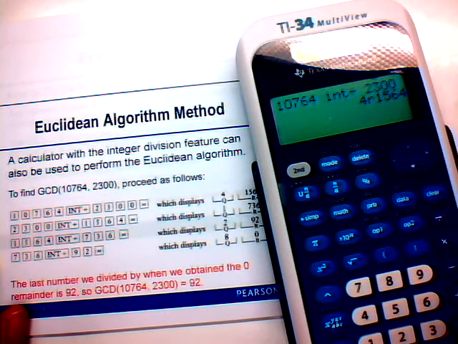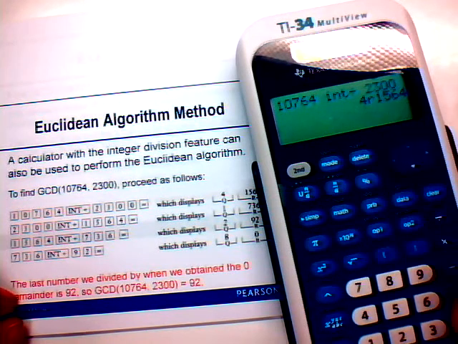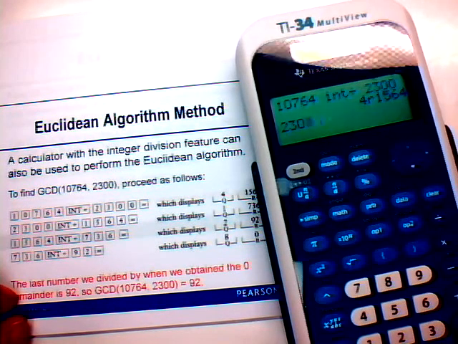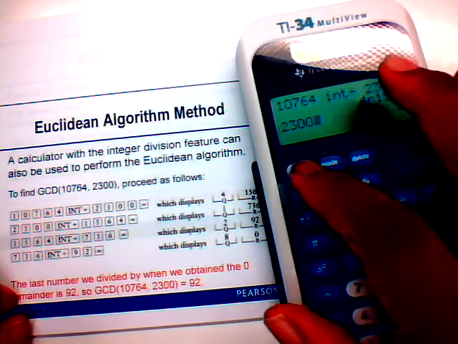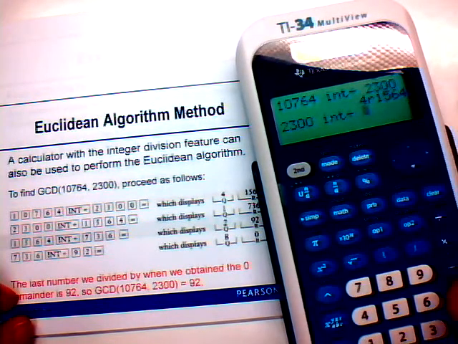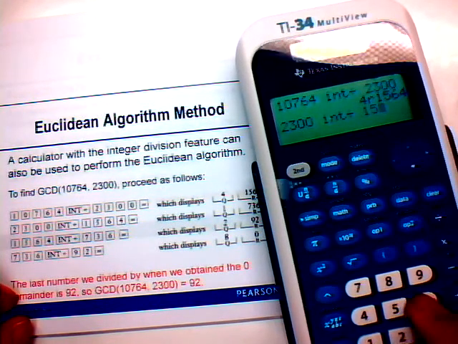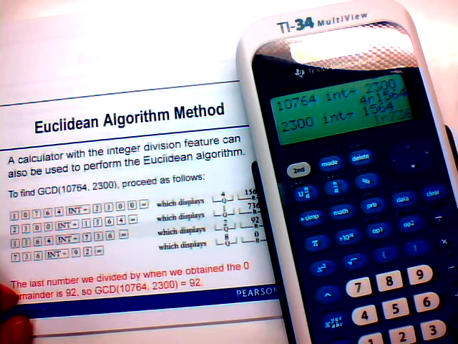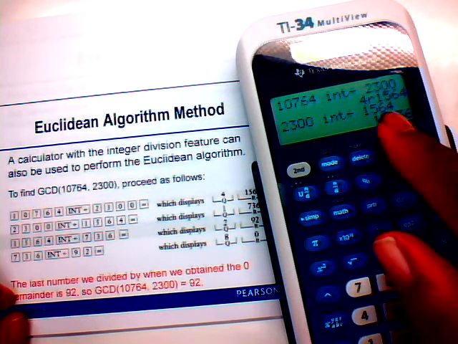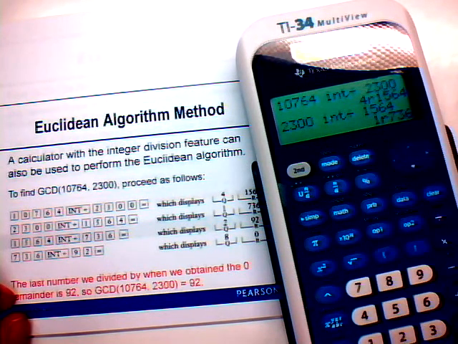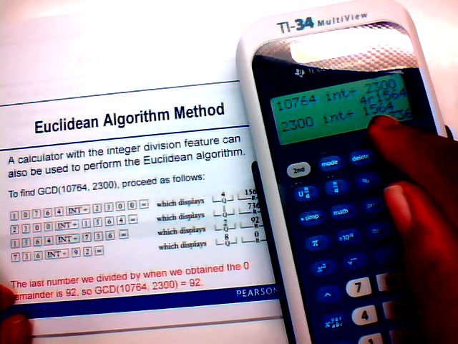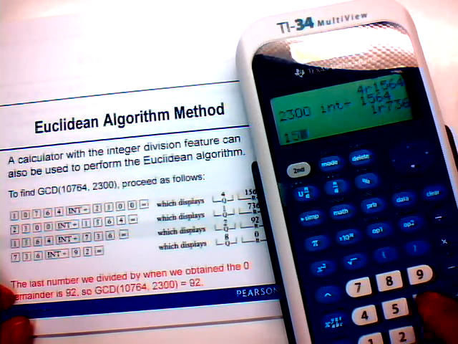Okay, so we know the remainder is not 0, so here we take the old divisor, 2300, and then we're going to do an integer division of the remainder, which is 1564. Then hit enter. We get a 1, which is the quotient, but our remainder is 736. Okay, so our old divisor was 1564.